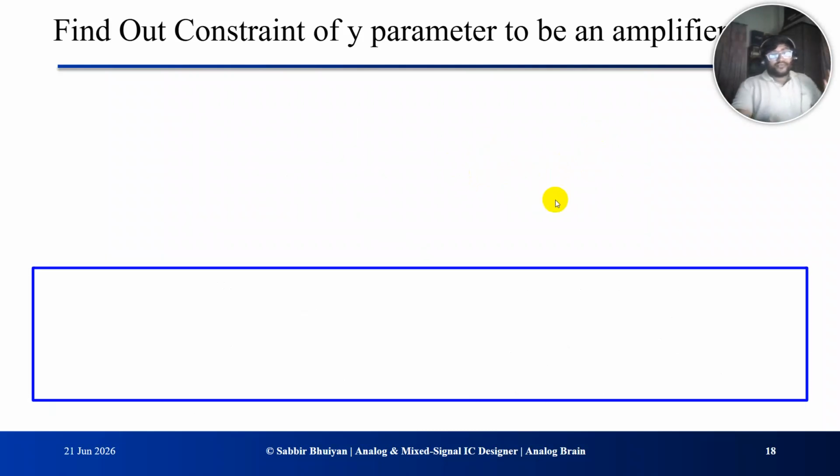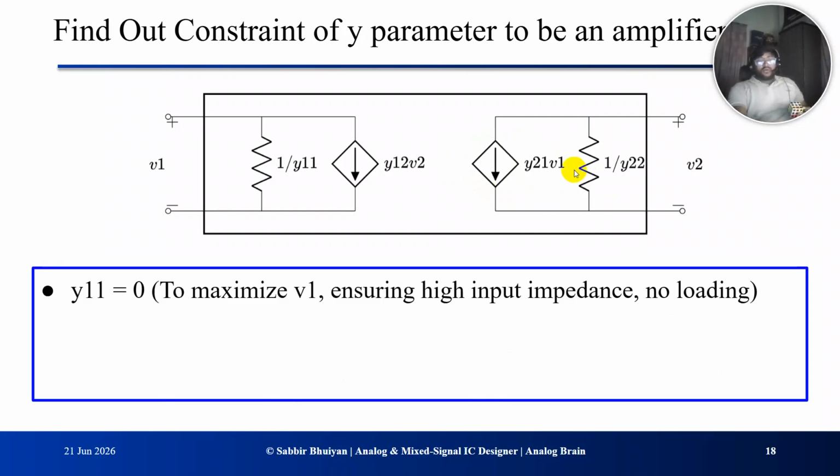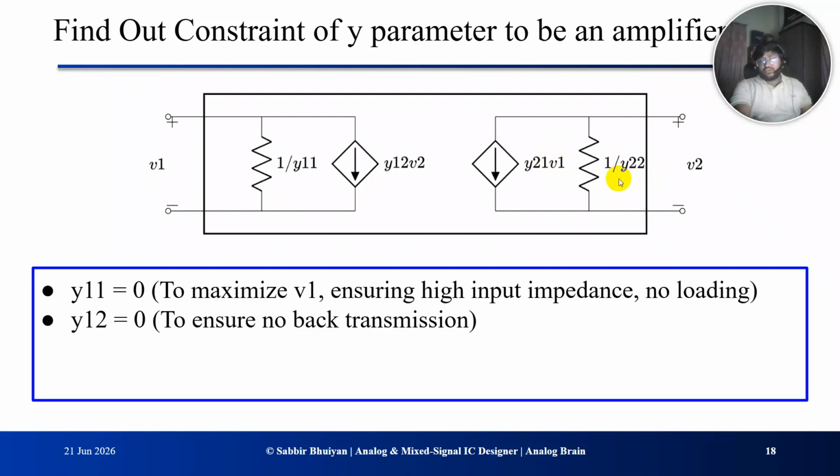Okay, so let's put all four together. Y11 should be equal to 0. Maximize V1, guaranteeing high input impedance and no loading on the source. Y12 is equal to 0, guaranteeing no back transmission from output to input.